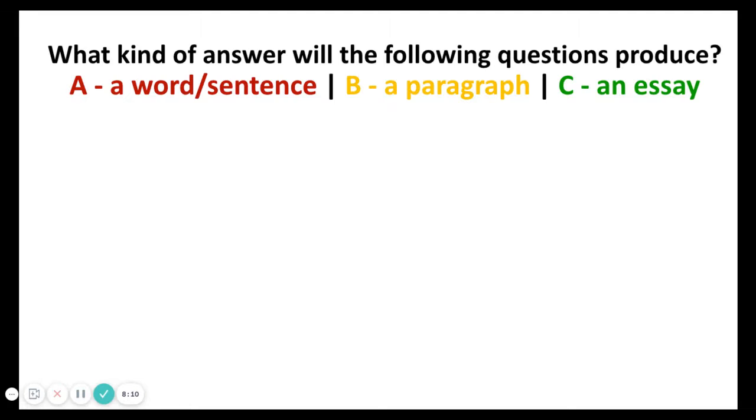So for weak, the color will be red because the answer to that question will only be a word or a sentence. For moderately weak, kind of moving closer to strong, the color will be yellow. B, meaning the answer to that question could be a paragraph. If we were really to develop it, we could get a paragraph out of it.